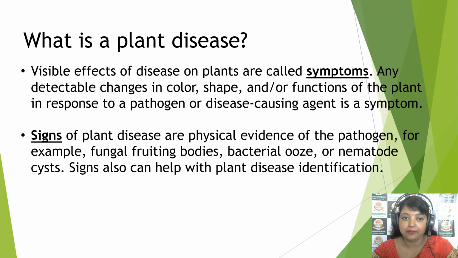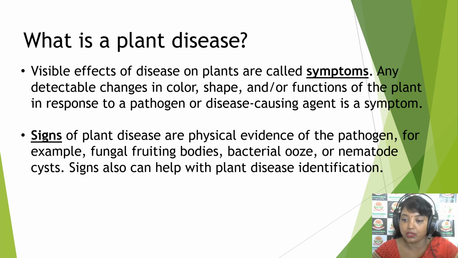Now we have to know the difference between symptom and sign. As we look at some diseased plants, we see some alteration in their appearance. So what do we mean by symptoms and what do we mean by signs? Any visible effect of disease on plants is called a symptom.